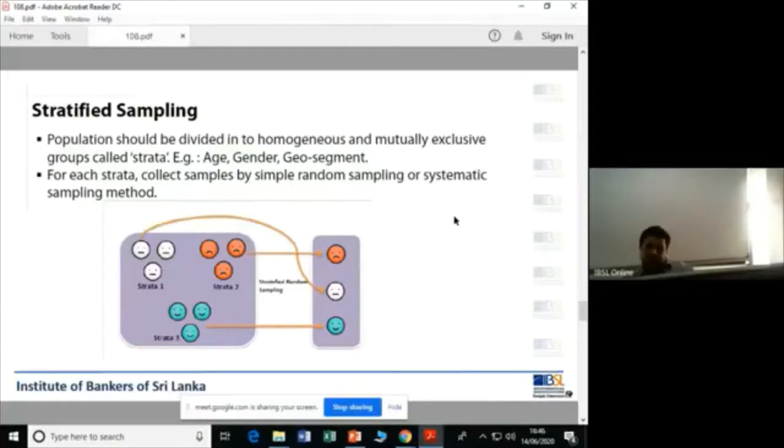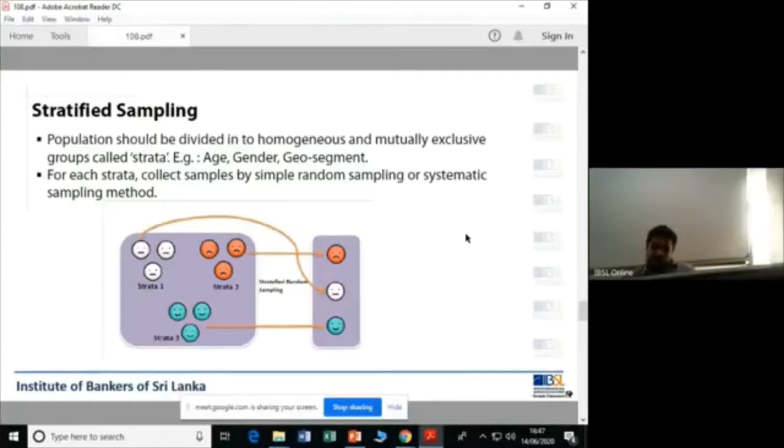The best 2 cases that you can use are simple random sampling. That means from strata 1, from this segment of white color faces here, you are going to use a random number table or a random number generation technique, whichever you are comfortable with, and select 1 or 2 or 3, or the number of people that you want to represent in your sample.